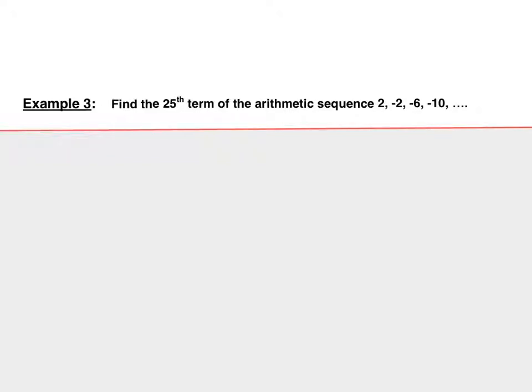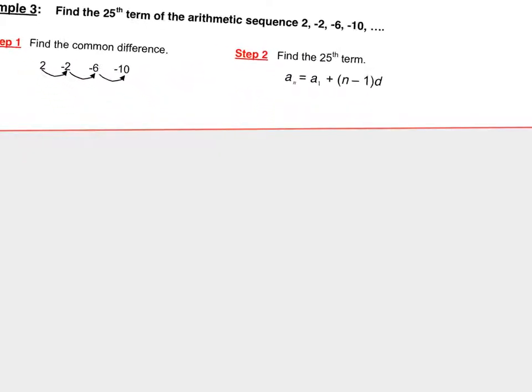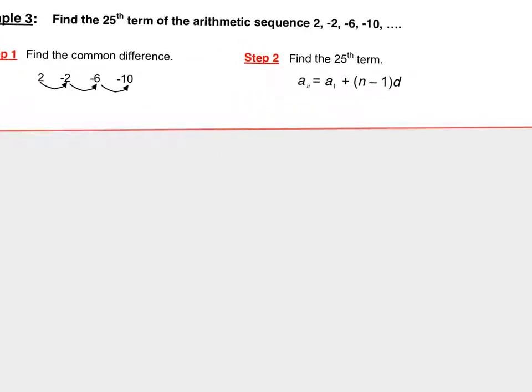This is where you are going to use that formula that the mathematicians came up with so that you don't have to write it all down. You just have to know what each part represents. They want to know what the 25th term is. That means they want to know what is a sub 25.